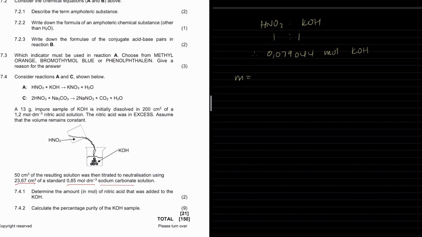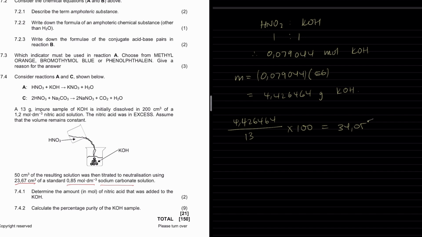So the mass is going to equal 0.079044 multiplied by the molar mass of KOH, which is 56. And that gives us 4.426464 grams of KOH. Now to calculate the percentage purity, we take these grams, so 4.426464 divided by the amount that you started with, 13, times 100, and that gives you 34.05%.